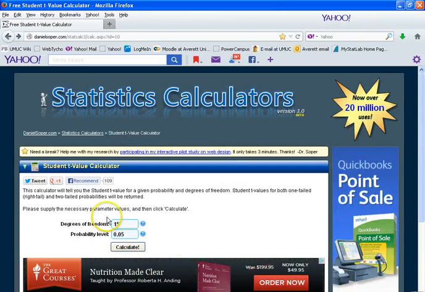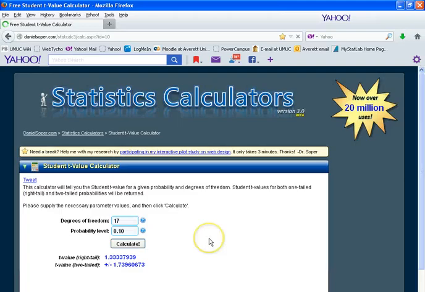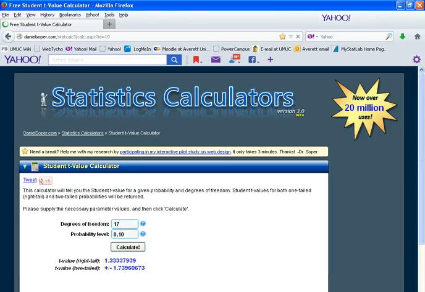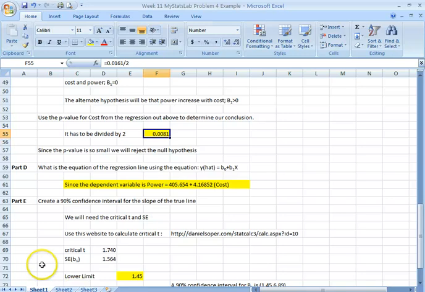Here's the website. We know our degrees of freedom from our problem is 17. We also know that the probability level on this one, it asks us for a 90% confidence interval, so we change that to 0.10. Calculate here, and we get our t value to be 1.7396, and we will round that off to 1.740.